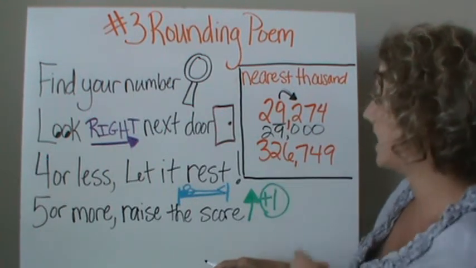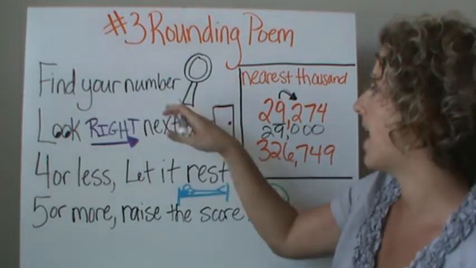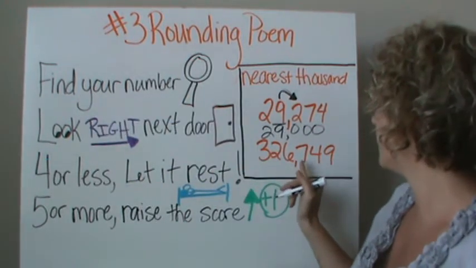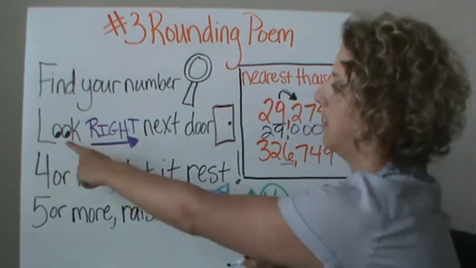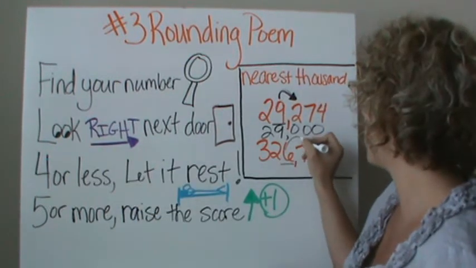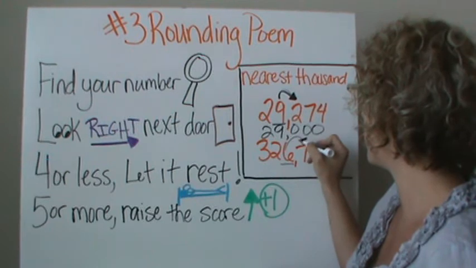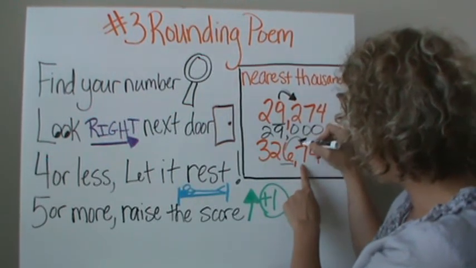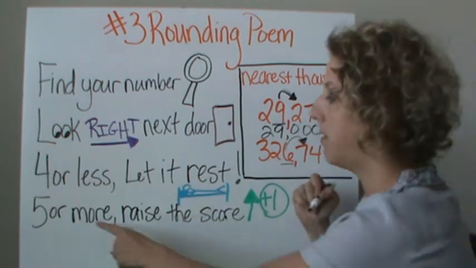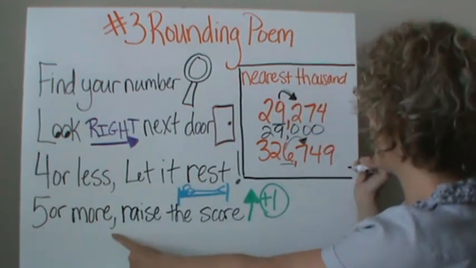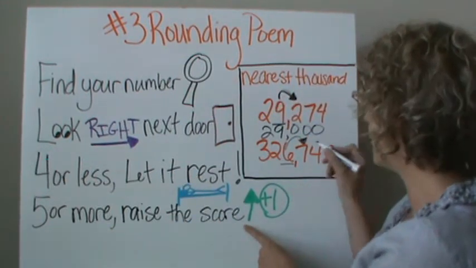And then the next example, find your number, ones, tens, hundreds, thousands. Underline that, look right next door, draw your arrow right next door. The number you're looking at, is it 4 or less? No. Is it 5 or more? Yes. So we need to raise the score.